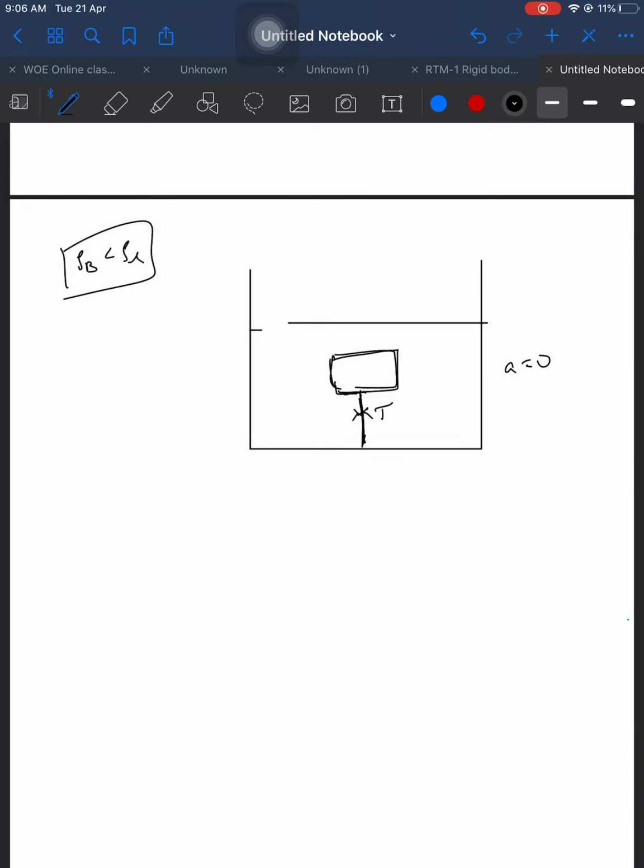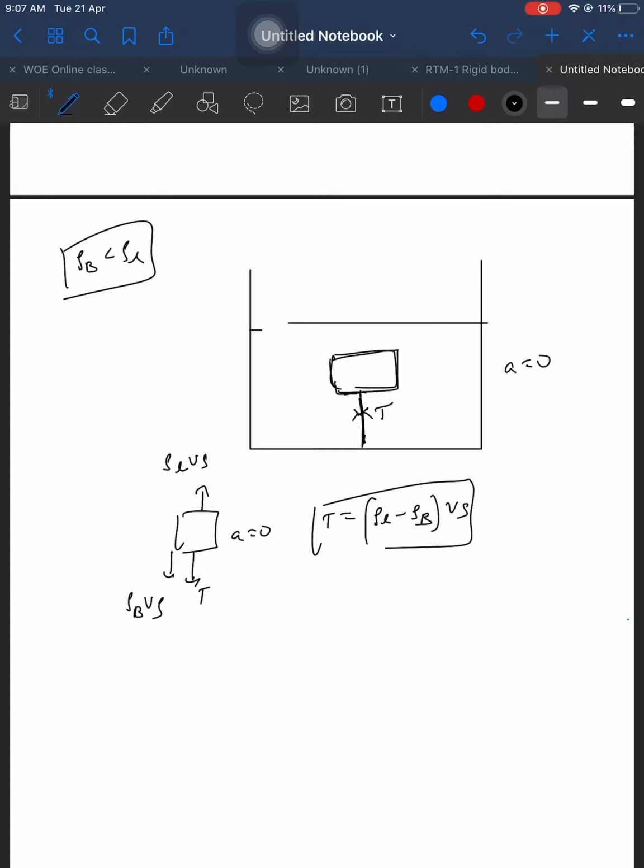Let's write the equation. Free body diagram: tension in the downward direction and rho b into v into g. The upward force, buoyancy force, is rho l into v into g. Tension is equal to (rho l minus rho b) into v into g, because its acceleration is equal to 0.